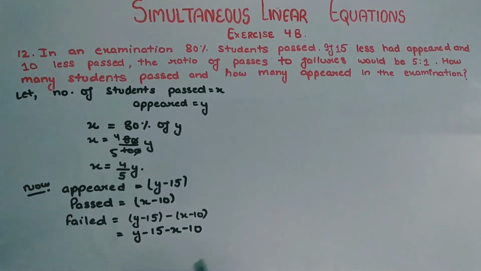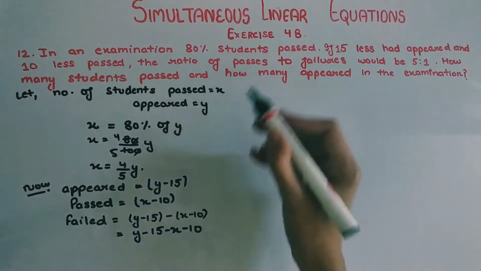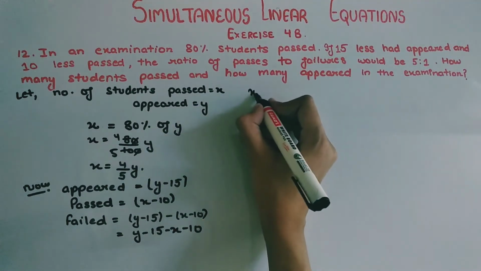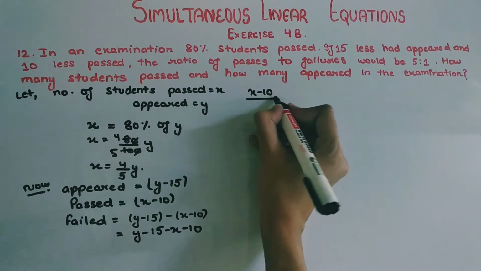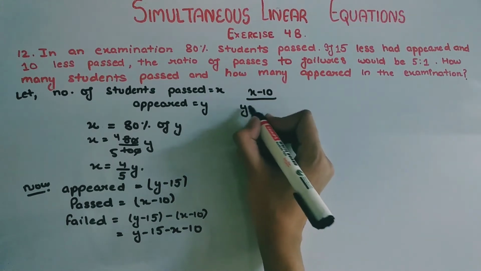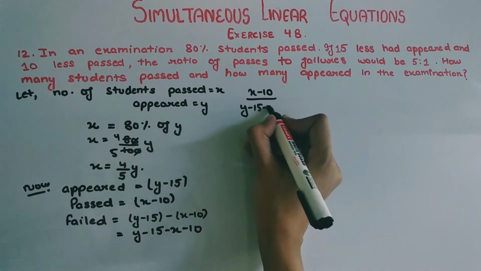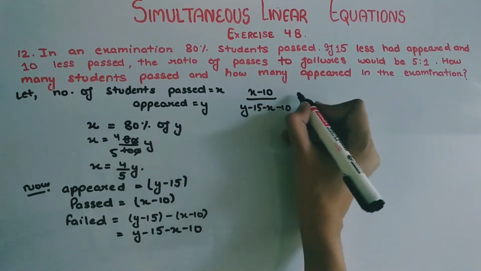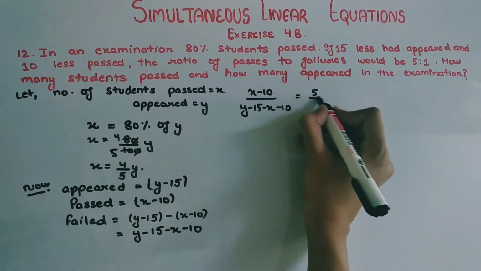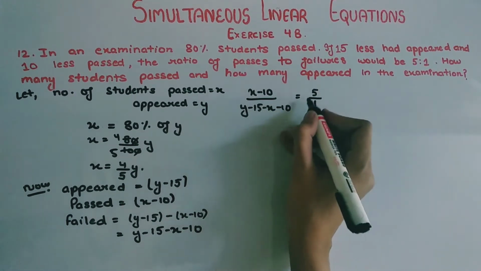Now we are given that the ratio of passed students, x minus 10, to failed students, y minus 15 minus x minus 10, is 5:1. We will cross multiply.